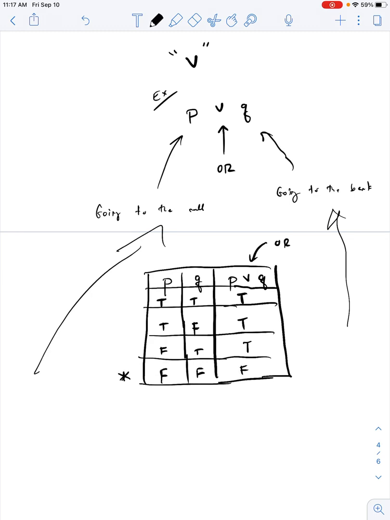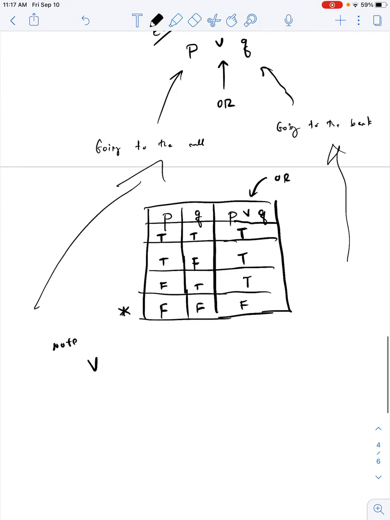So one thing to really note is, when we're working with this or symbol, this or quantifier, if they're both false, it's always false. But if one or two are true, then it's always true.